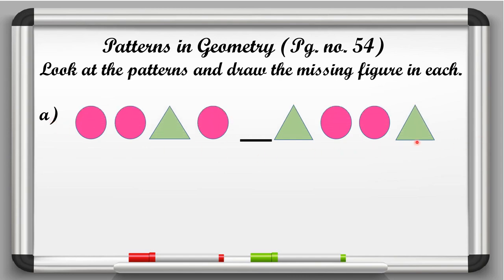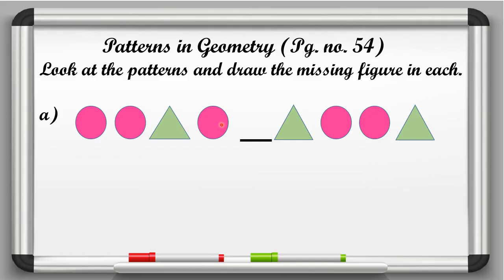This pattern is given. So first of all we will read this pattern, okay? So here you can see there is a circle, then again a circle, then a triangle is given, then one circle, then dash, then triangle, then two circles and then triangle. So what we have read about it, that after two circles there is a triangle.